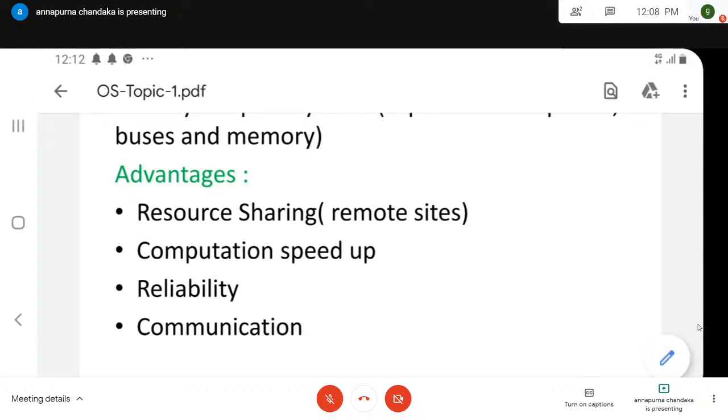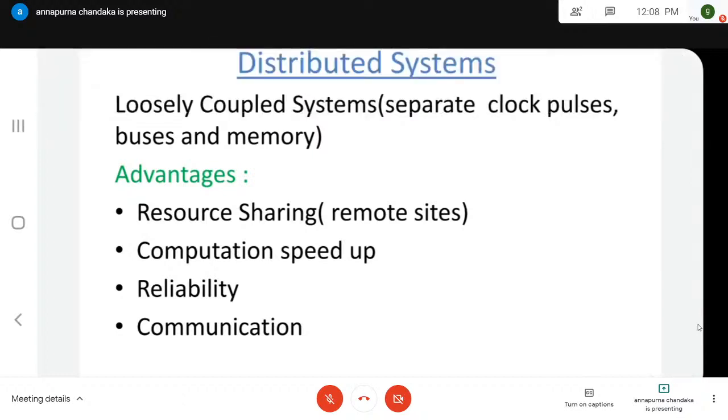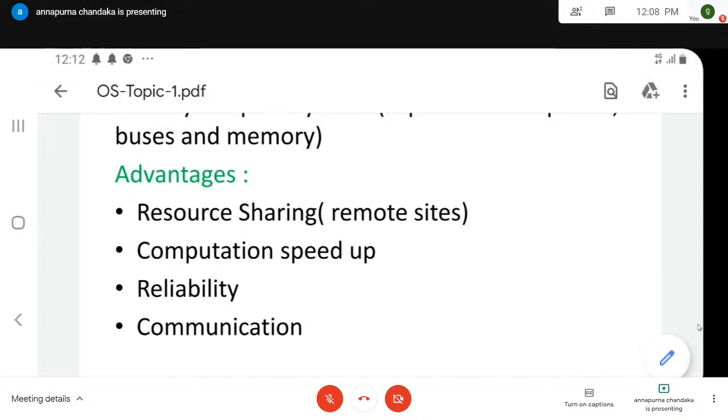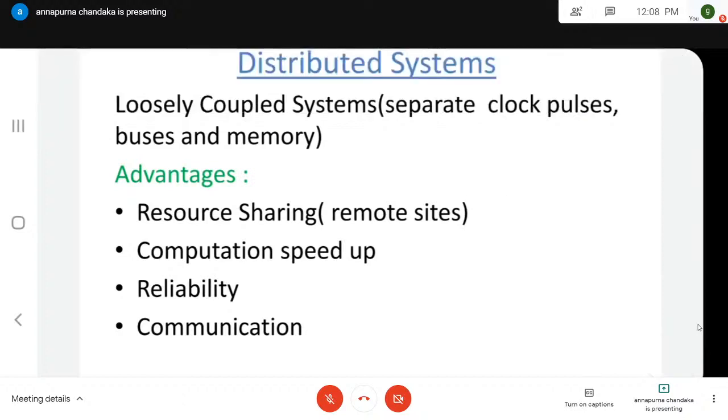In your college, several systems are connected in a LAN, but the printer is connected to only one system. If anyone wants a printout, there is no need to go there. You can sit at your system and send the printout directly to that remote system, which is possible only with distributed systems. That is resource sharing: a resource on the network can be shared from any place.